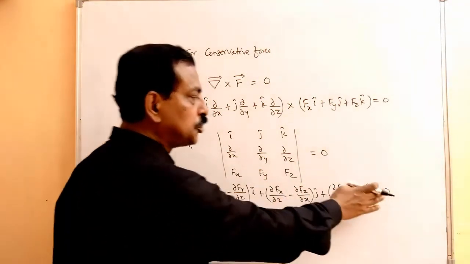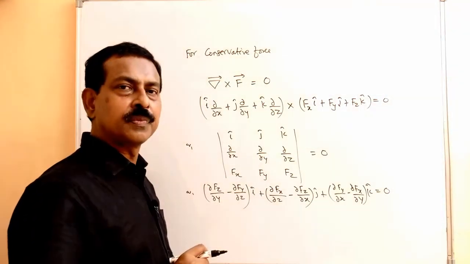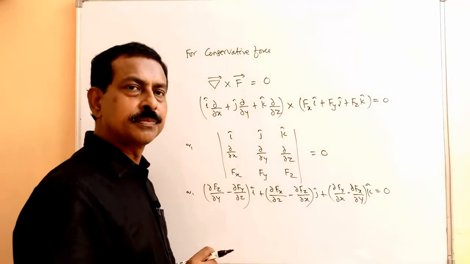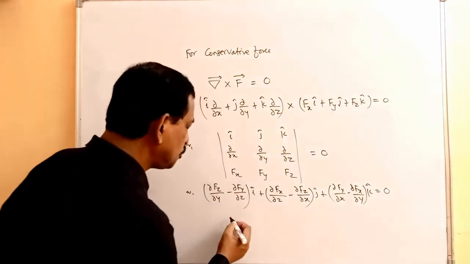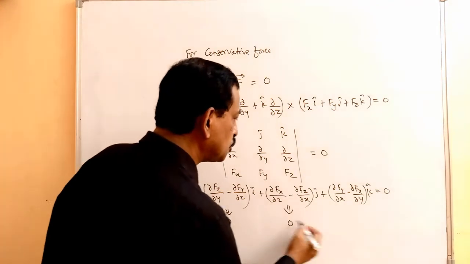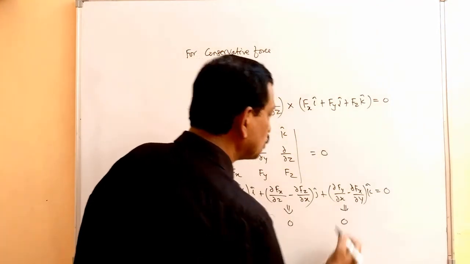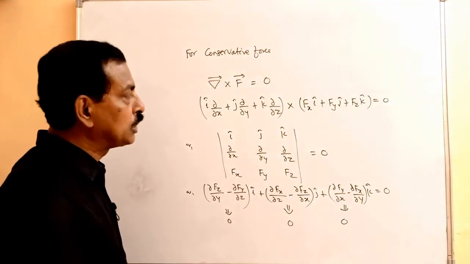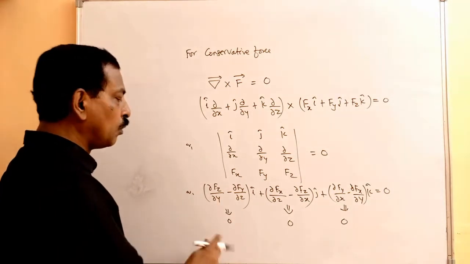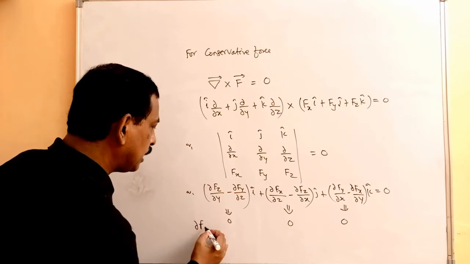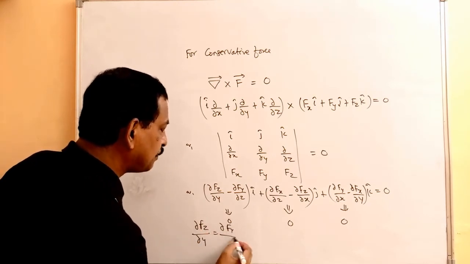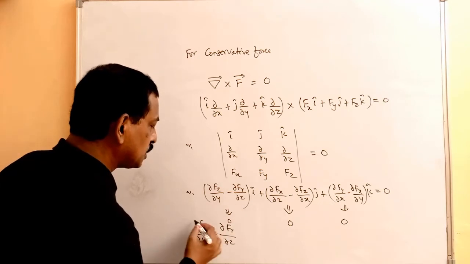Now if this is 0, then individually all will be 0, and individually if this is 0, that means this term will be 0, this will be 0, this will be 0. So from this one, we will get ∂fz/∂y equals ∂fy/∂z. This is 1.